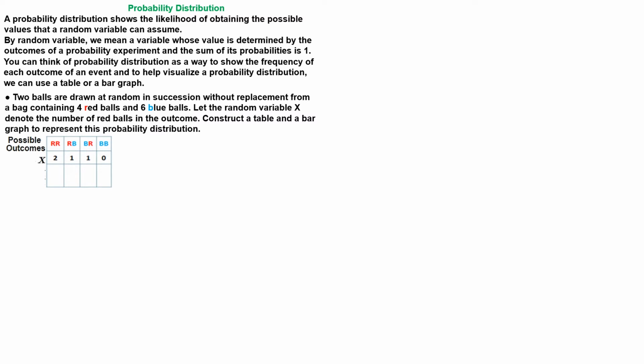Now, the probability of getting 2 red balls when we draw out the balls one at a time is. Likewise, the probability of red first followed by blue is.